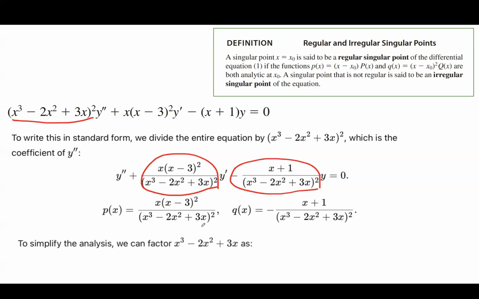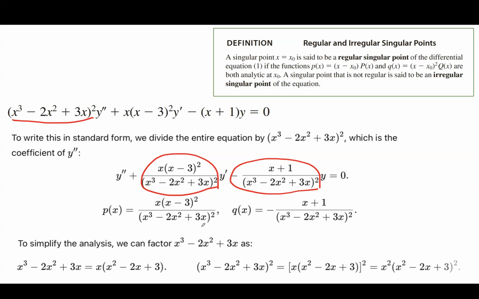We can factor out x cubed minus 2x squared plus 3x as x times (x squared minus 2x plus 3). So basically, it's written as x times (x squared minus 2x plus 3) to the power 2, or x squared times (x squared minus 2x plus 3) to the power 2.